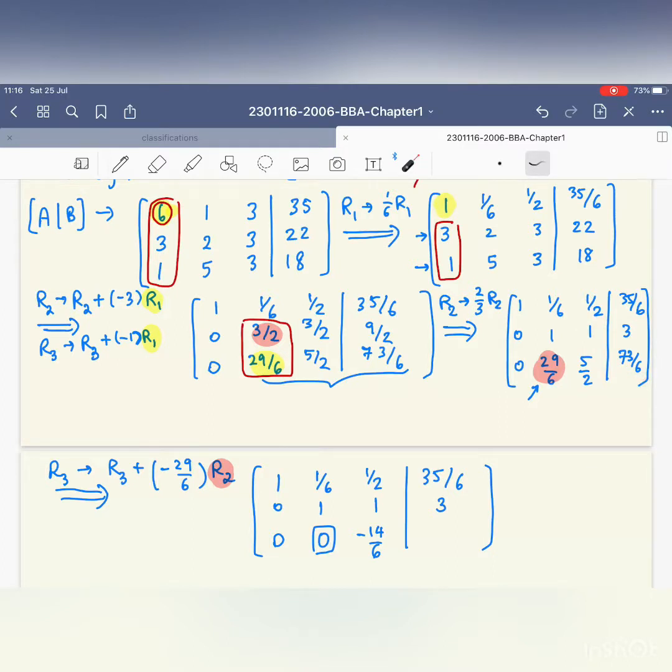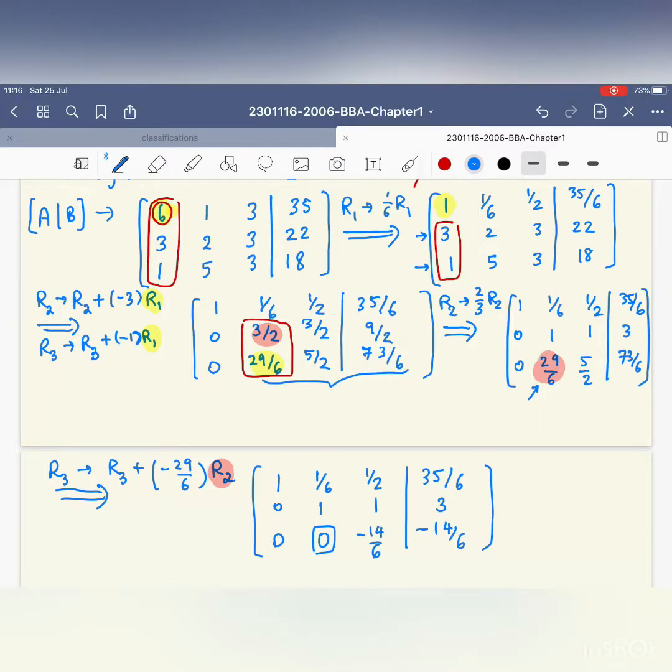So we are going to multiply negative 29 over 6 with the 3. So it's 29 multiplied by 3. You have 87 over 6 and 73 over 6. Let me do a subtraction, and it is negative 14 over 6. Very good, negative 14 over 6.